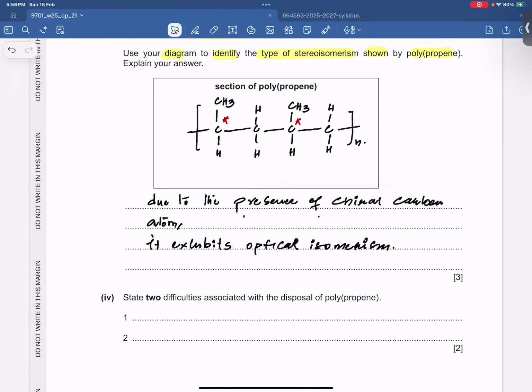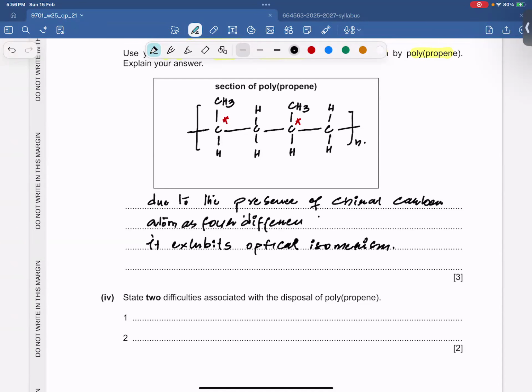Chiral carbon atom has four different groups attached to the CH carbon.